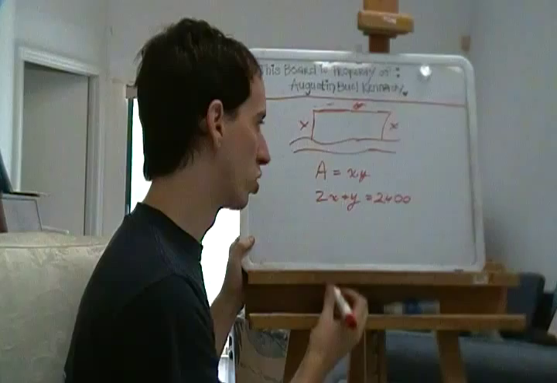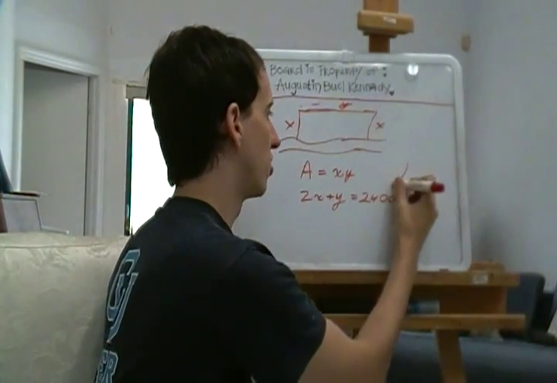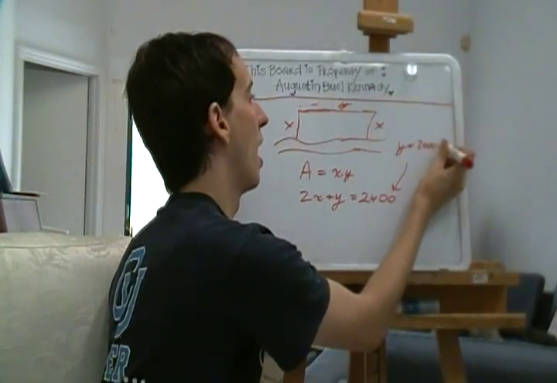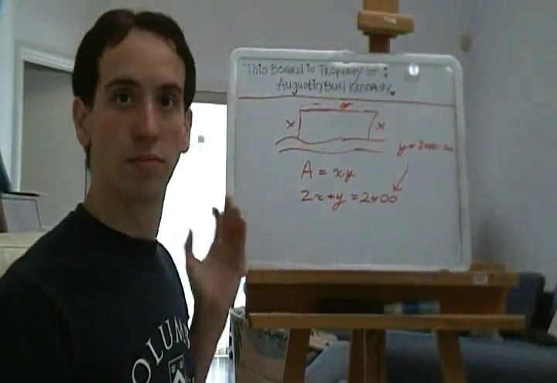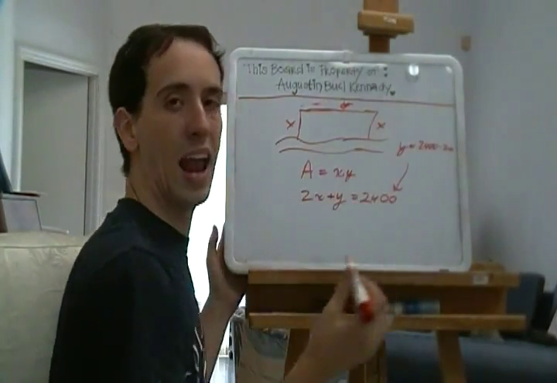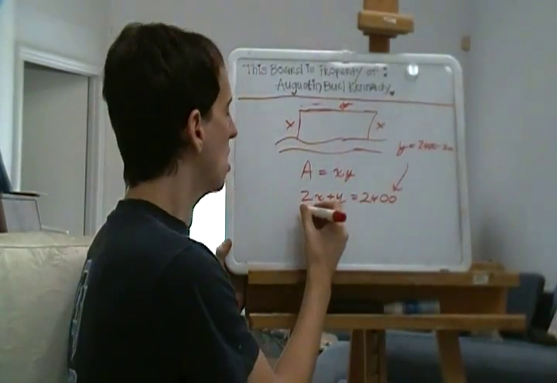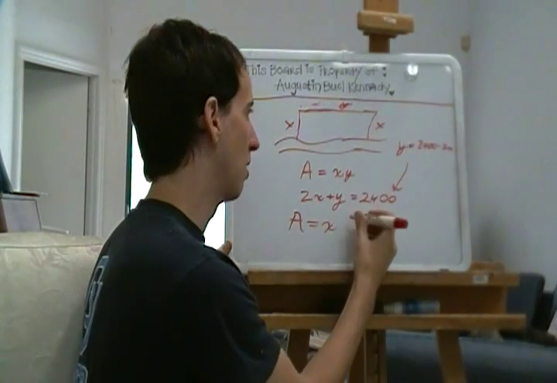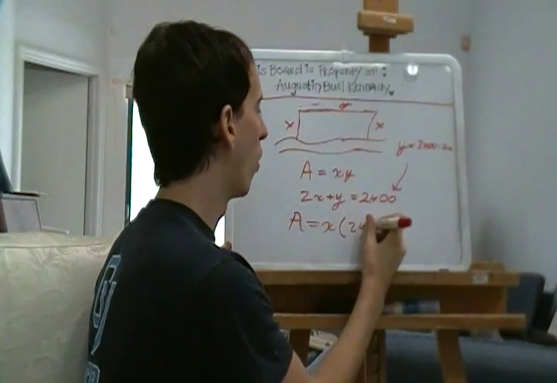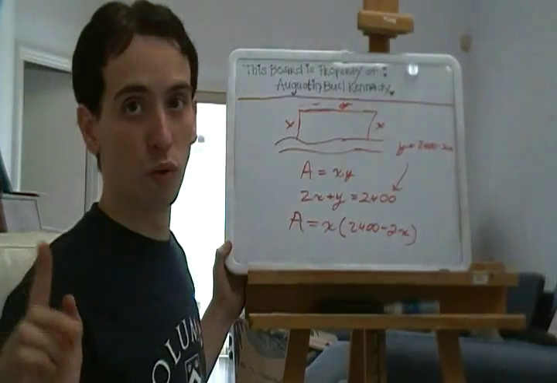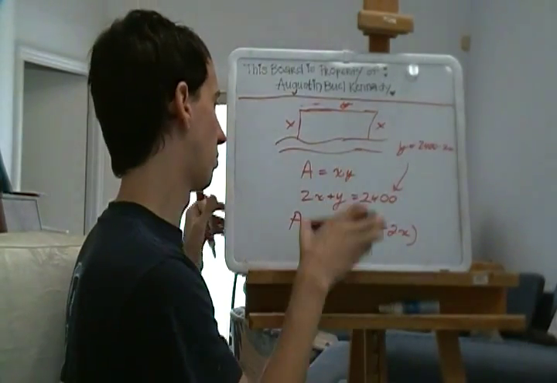If 2x plus y equals 2,400, then it stands to reason that y equals 2,400 minus 2x, right? Yeah. So really, we're not looking for A equals xy anymore. Now we're looking for the area of x times 2,400 minus 2x. Now we're really in business.